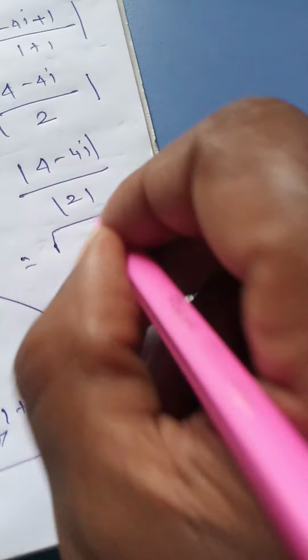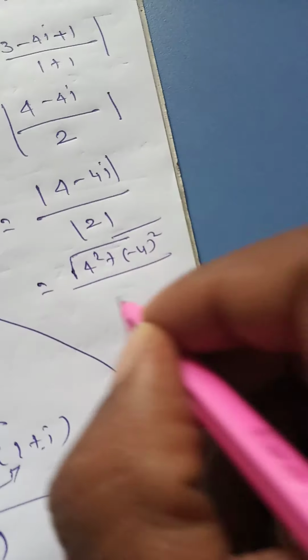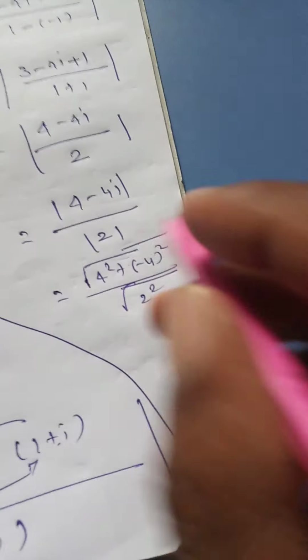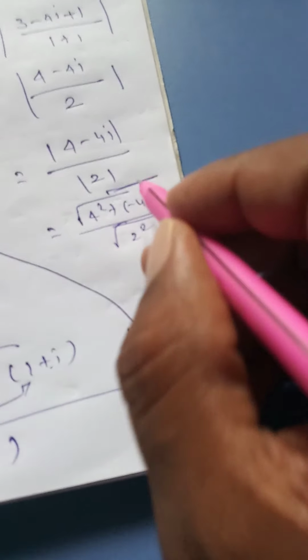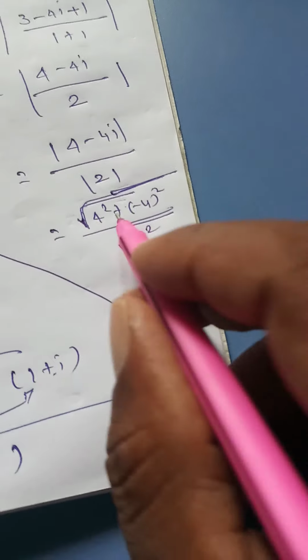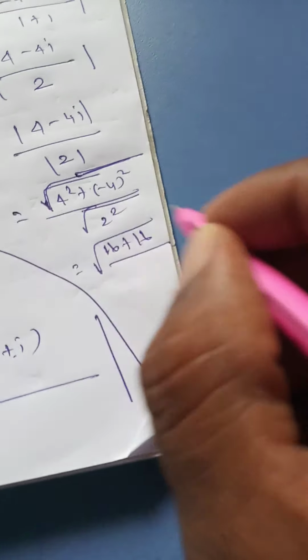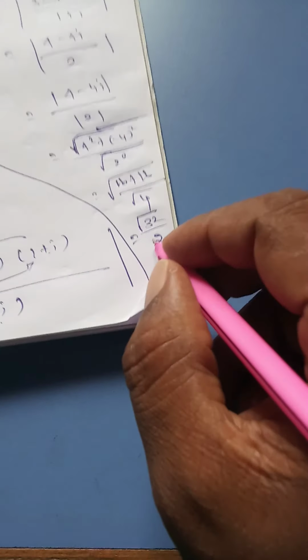Then the individual modulus: modulus of 4 minus 4i divided by modulus of 2. The square root of 4 squared plus minus 4 squared, divided by square root of 2 squared. Square root of 16 plus 16 divided by 4. Next, square root of 32 divided by 2.